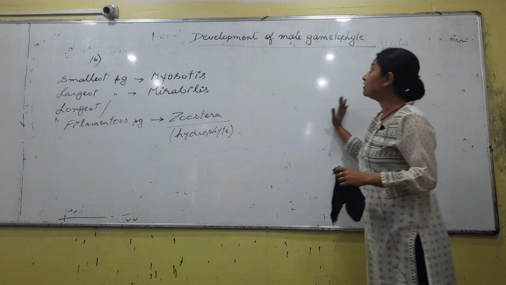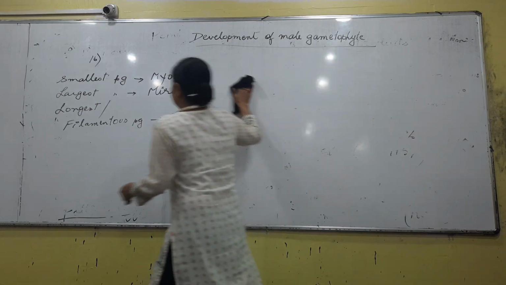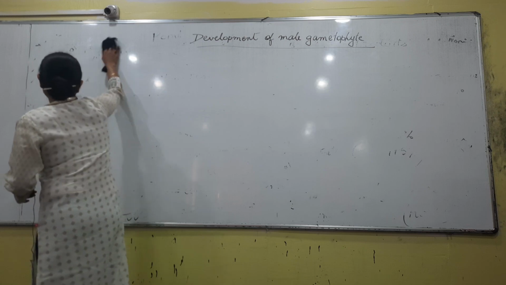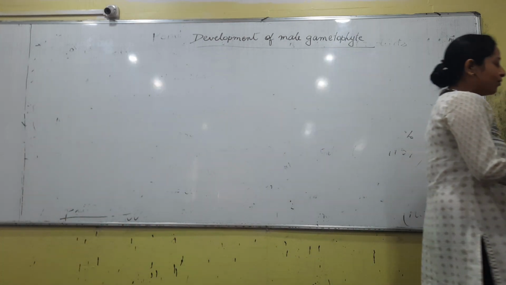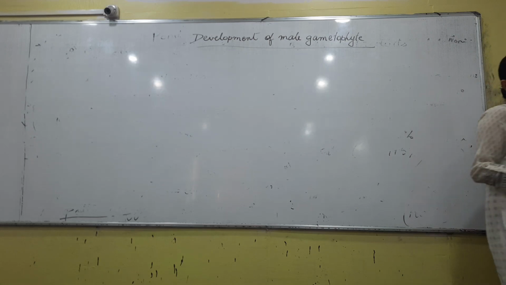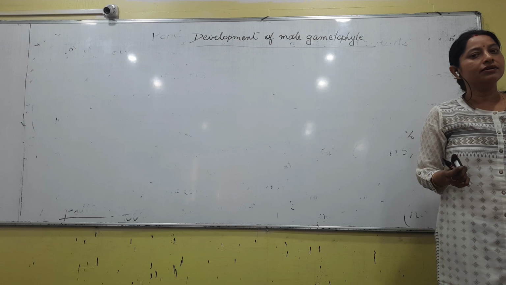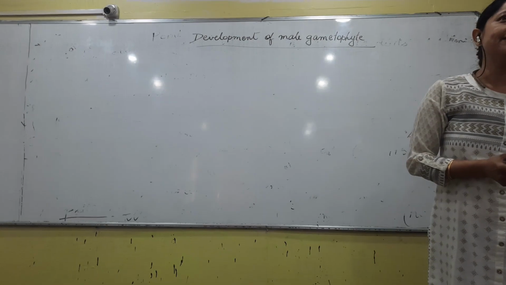Now, before going into discussion, just tell me what is the meaning of male gametophyte? So what is male gametophyte? It's a pollen grain. It is the haploid stage that produces the male gamete.